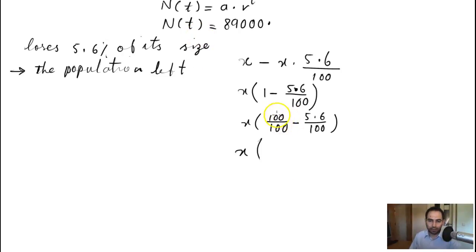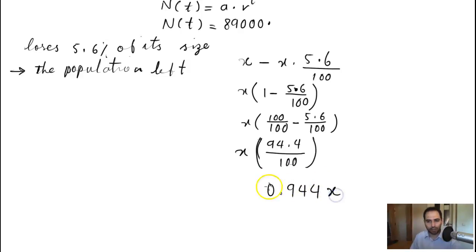I'm sorry, 100 minus 5.6 is 94.4 divided by 100. Again you can move the decimal point two places to the left because you're dividing by 100. So it becomes 0.944 times x.